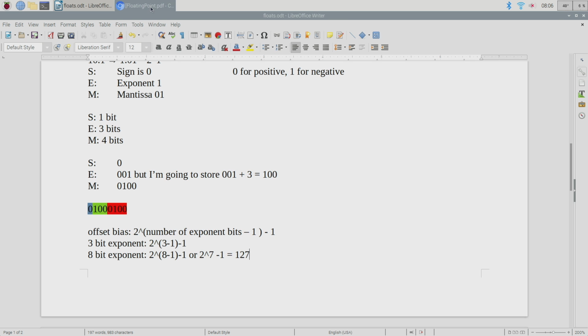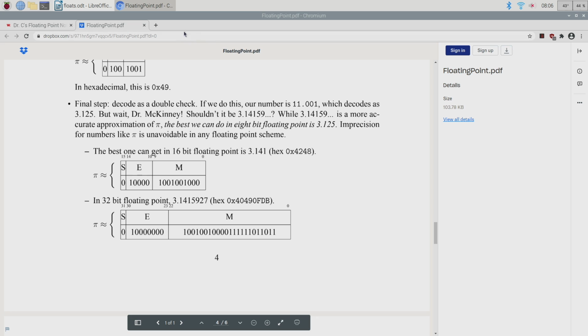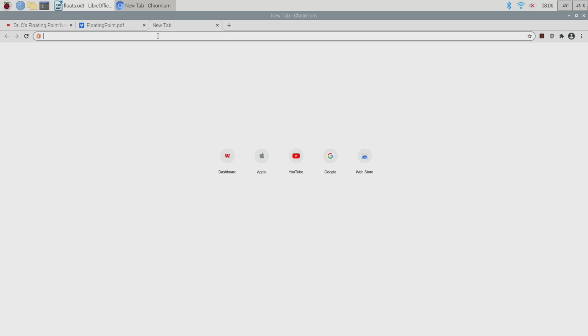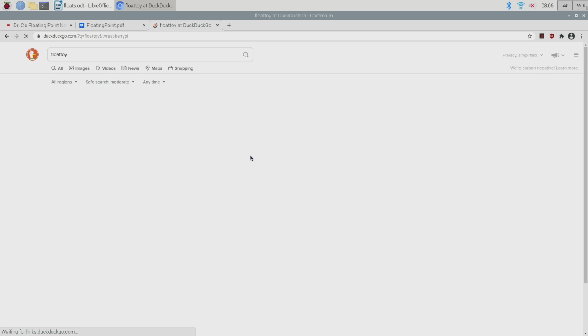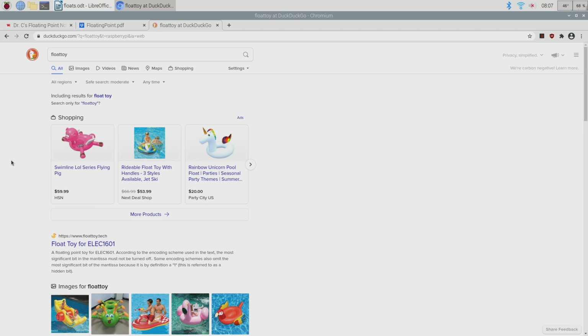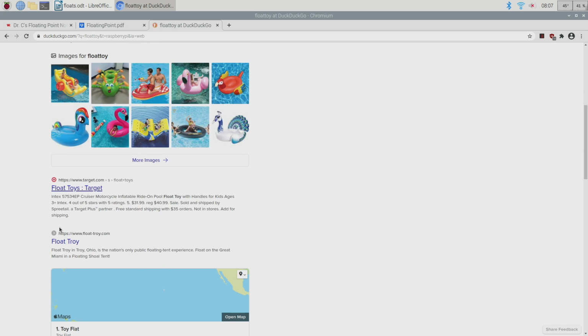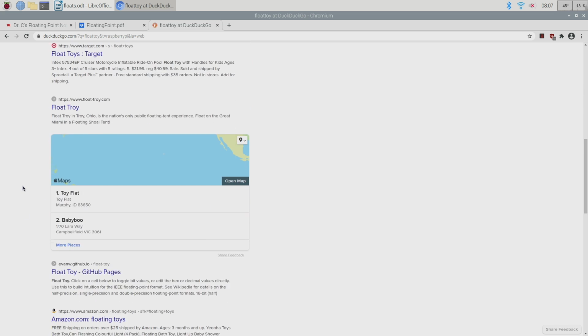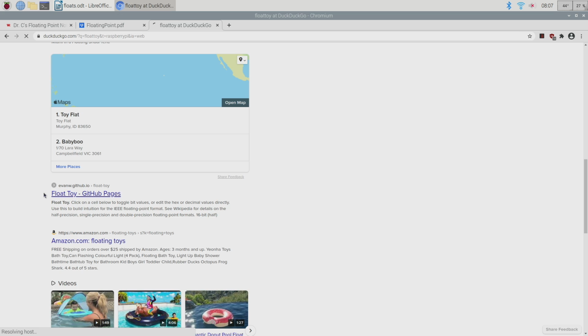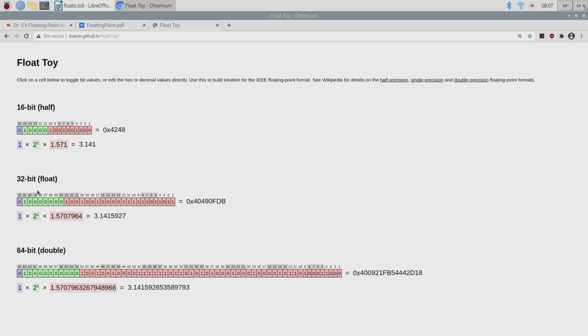Let me go back for a moment to our good old friend Float Toy. You can find it here amongst the, pun intended, sea of floaty toys.